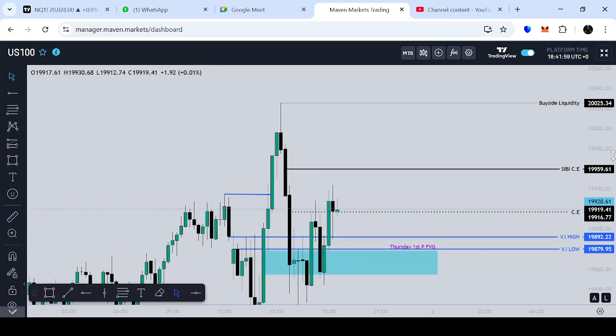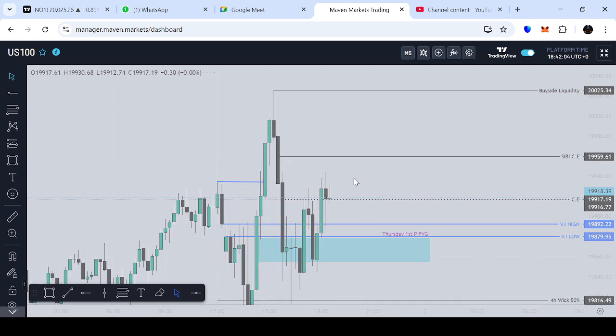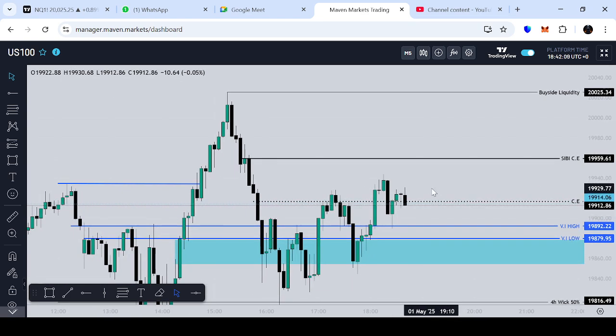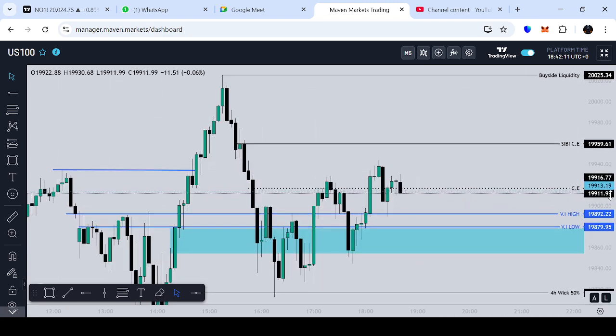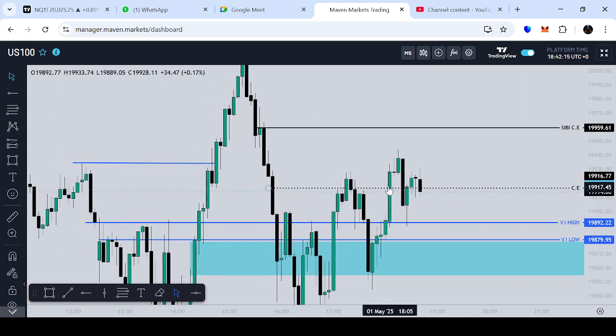It's raining heavily. But then, on the 5 minutes time frame, see an inefficiency. This is a breaker. The up close candle there is a breaker block.